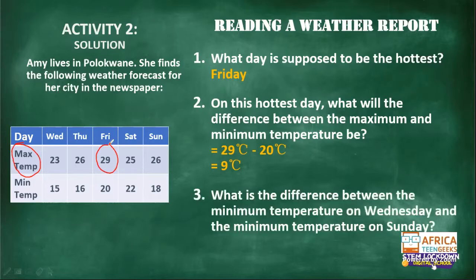Okay. Question 3. What is the difference between the minimum temperature on Wednesday and the minimum temperature on Sunday? So we know we're only going to work with minimum. We're going to look for Wednesday, and we're going to look for Sunday.